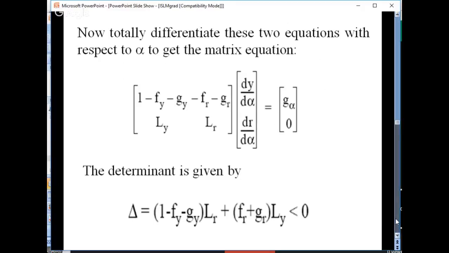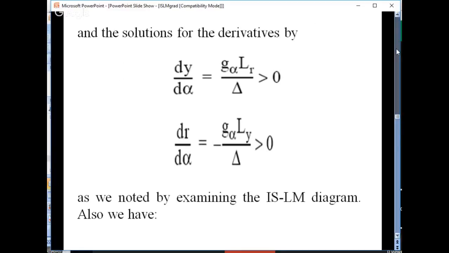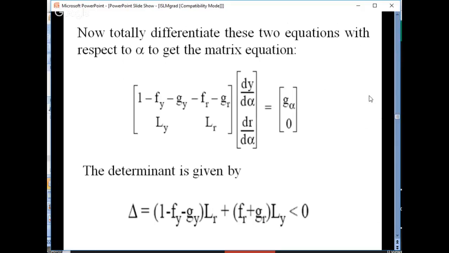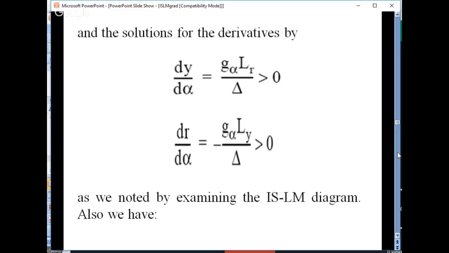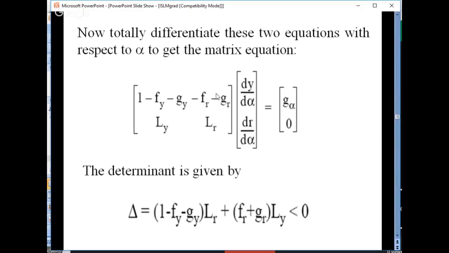So now I want to go ahead and substitute in the two columns to see how dy d alpha plays out. So the determinant. Now I hope you guys went last week through and reviewed matrix algebra.